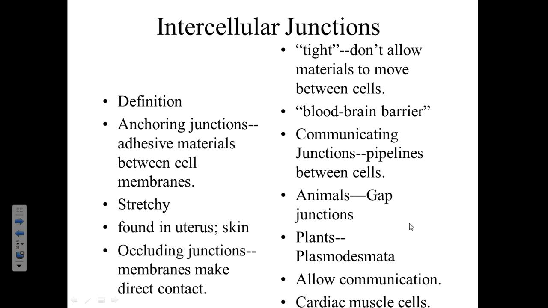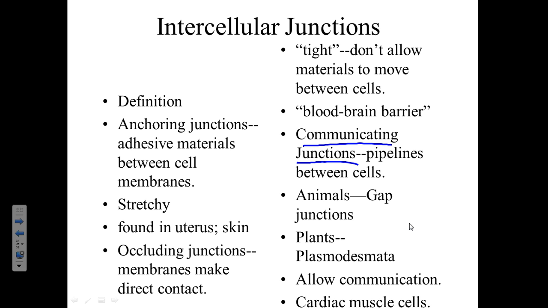Another kind of connection we want to talk about, and maybe the more important of these, are communicating junctions. There are certain kinds of tissues where the cells have to communicate with each other. We talked a lot about the heart. The cells in your heart are called cardiac muscle cells, right? If you took out a heart and cut it into individual cells, and kept those cells with nutrients and water, what would they continue to do?